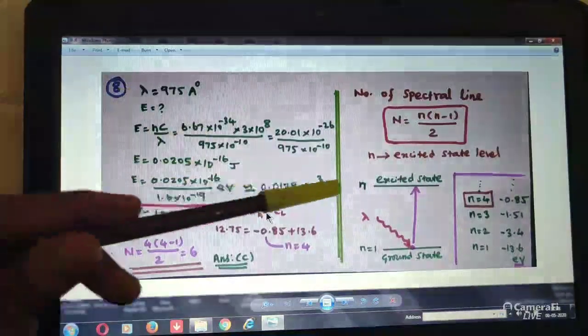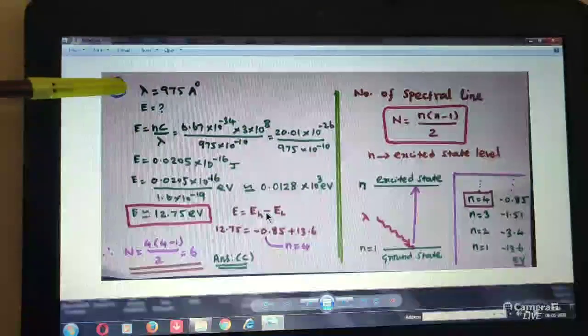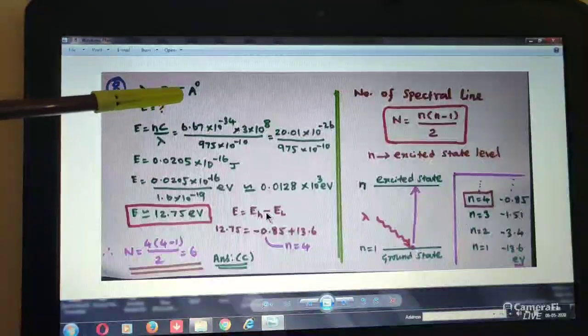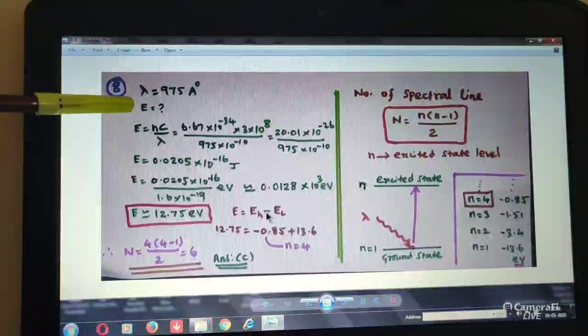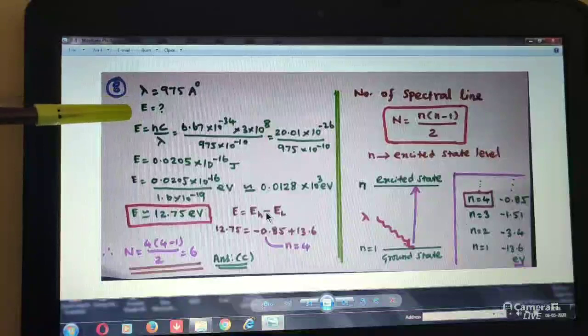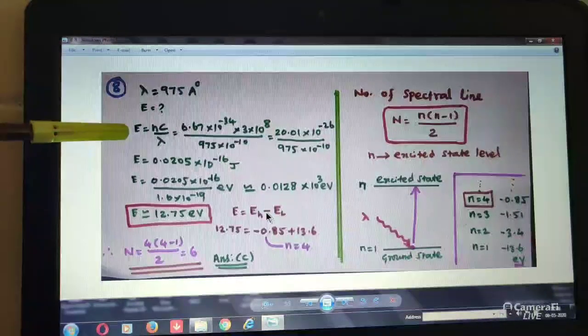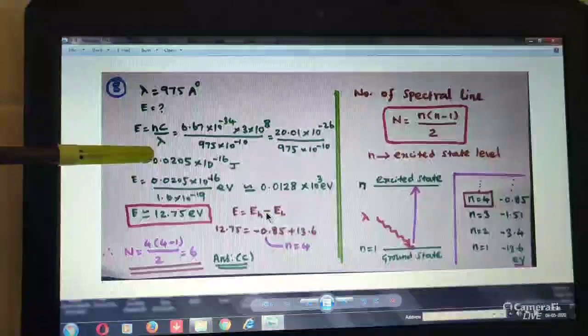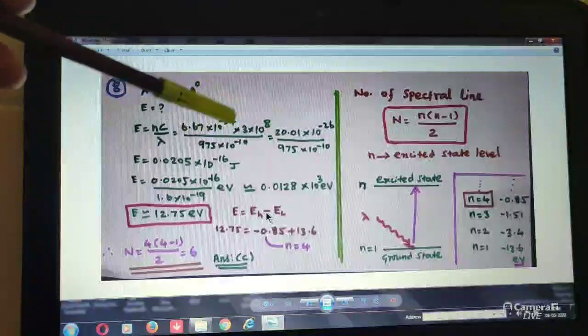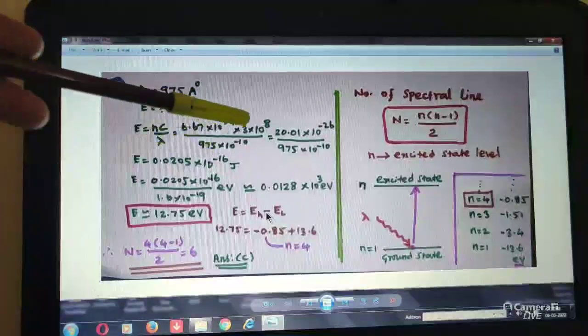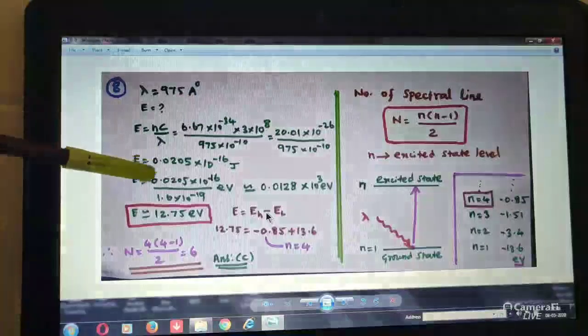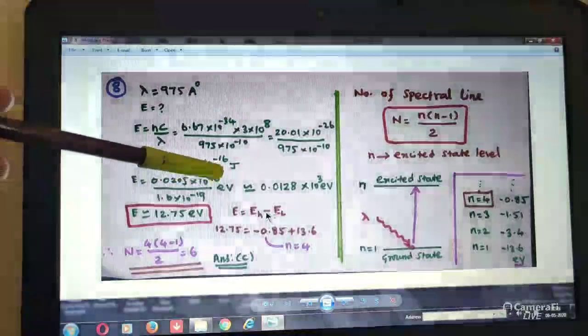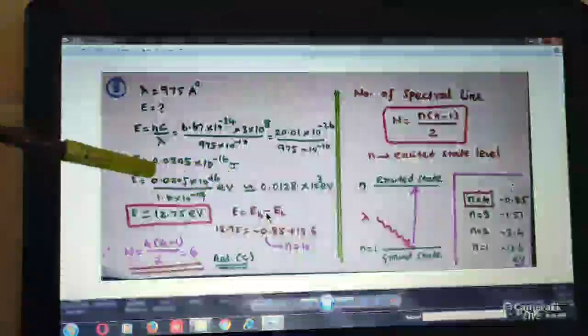The incident lambda value is given, that is lambda is equal to 975 Armstrong unit. Then you must calculate the energy. The energy formula, you know, E is equal to hc divided by lambda. Everything is a known value: Planck constant, speed of light, lambda value is given. If you substitute, we can get 0.0205 into 10 power minus 16 joule. This is in joule.